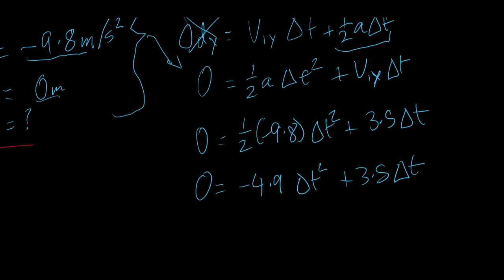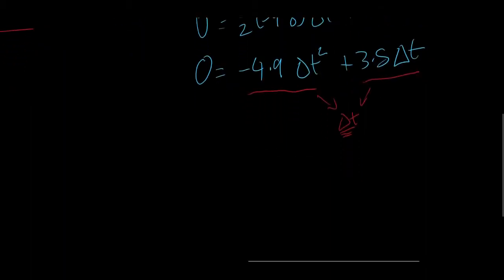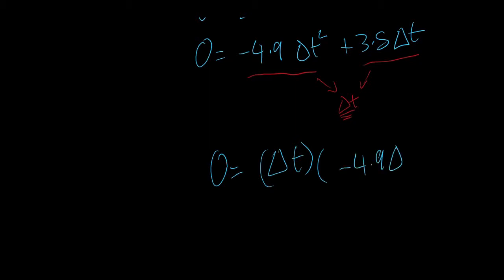Now, there lies a common factor between this term and this term, and that would be delta t. So we can factor it out and we can get 0 equals delta t, that's 1, and then you have negative 4.9 delta t, because it had 2 of them. We took out 1.